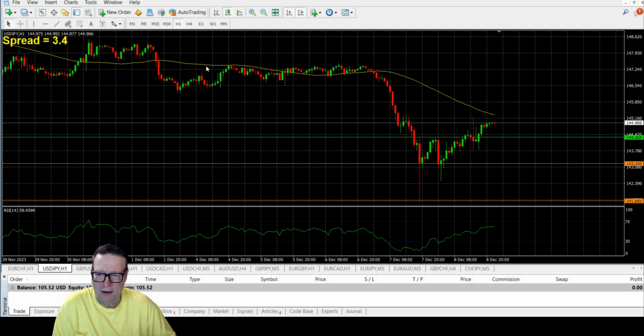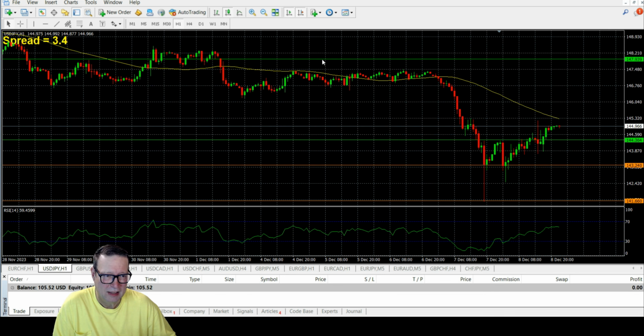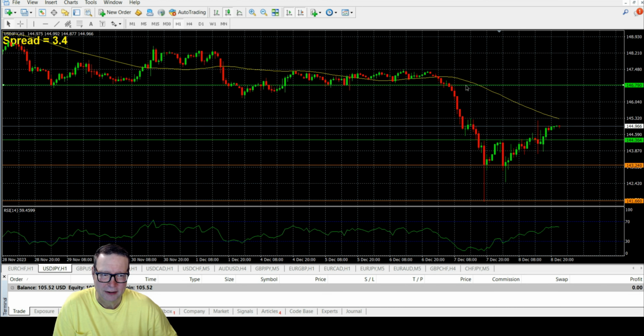We can scroll down. Initially, I was targeting the targets up here. I thought it was a nice level. But then after I got filled and I was looking at it again, there is a massive resistance level right here around 146, I believe it is, where it's been tested multiple times for support and resistance along the way.